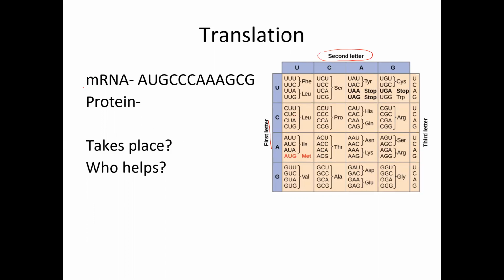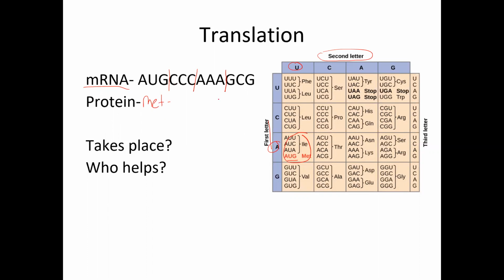So here's our messenger RNA. First thing I would do is break it up into codons, so my chunks of 3, and then I would start to look them up. So AUG, I've got the A, then the U, so these meet here, and here it is, AUG, which is methionine, so I would write Met.